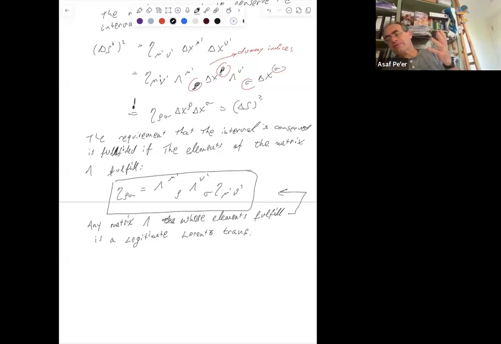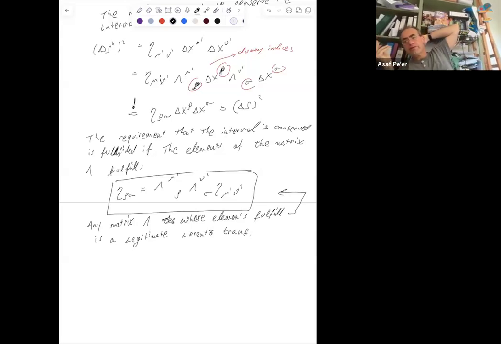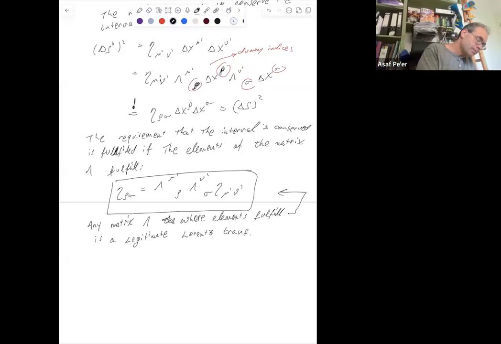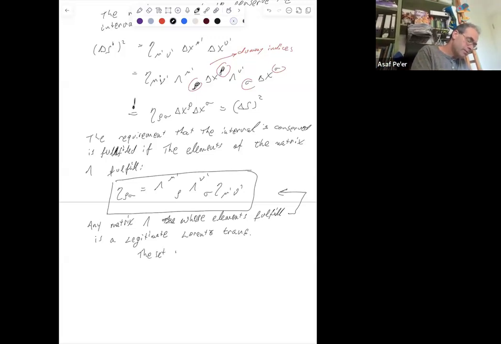The set of all these forms a group in group theory, if you're familiar with it, and this is called, surprise, surprise, the Lorentz group. The set of them is called the Lorentz group.